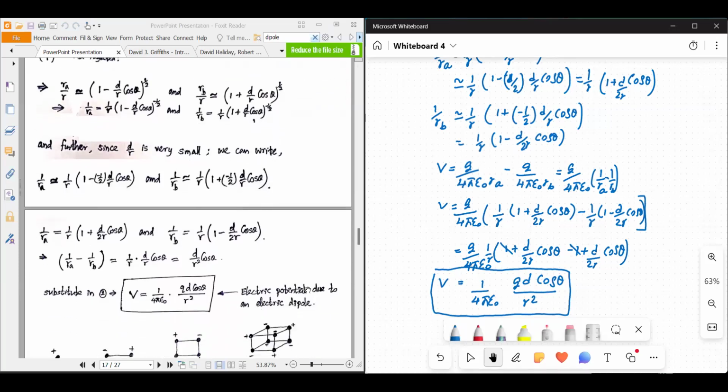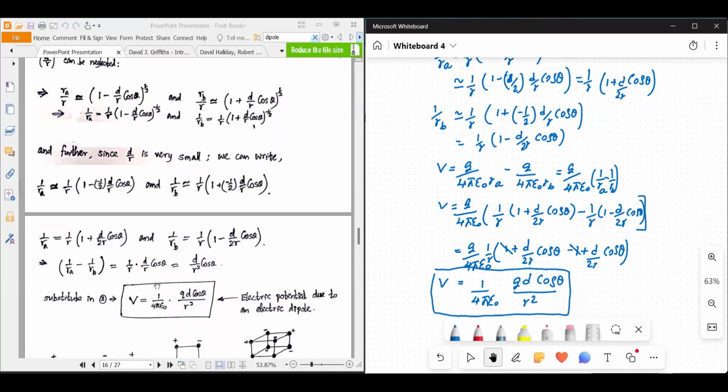And then we were finally able to calculate the potential by substituting this value into the initially obtained potential. It is equal to 1 over 4 pi epsilon naught Q d cos theta over R squared.